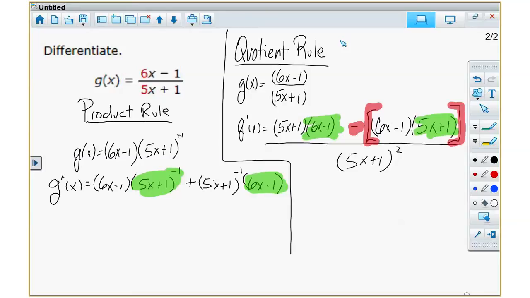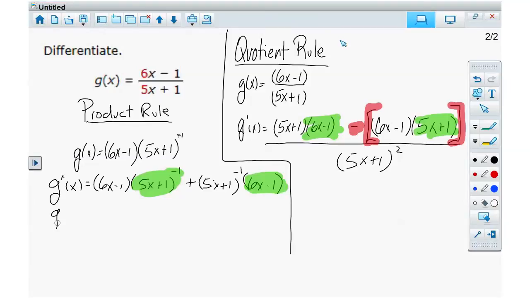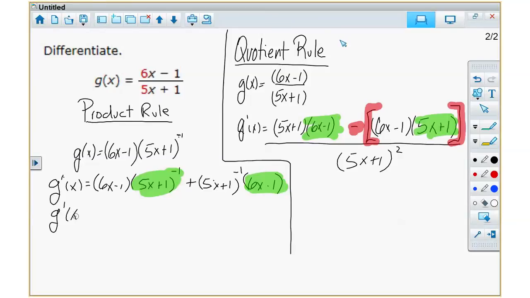So let's go back to this one. If you continued solving... you continue solving, right? Yes, that's what I'm fixing to do next. Okay. G prime of x is equal to 6x minus 1. The derivative of 5x plus 1 is, chain rule, negative 1, 5x plus 1 to the negative 2 times what? 5.